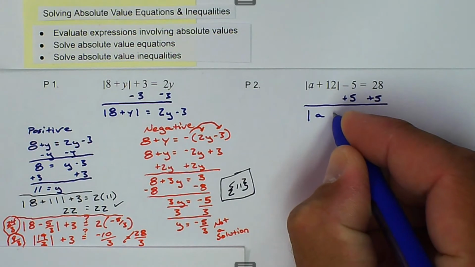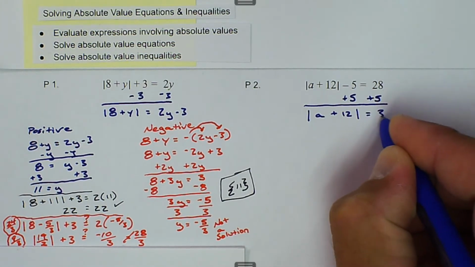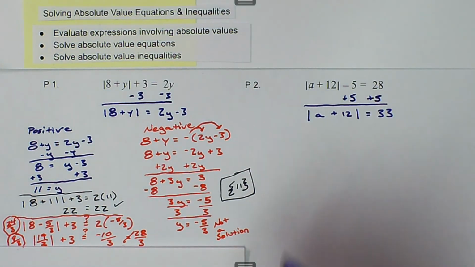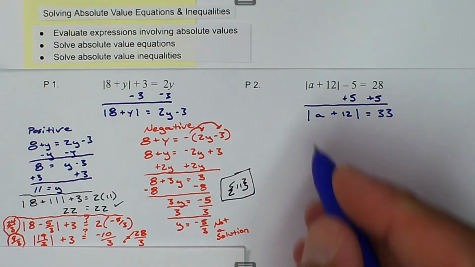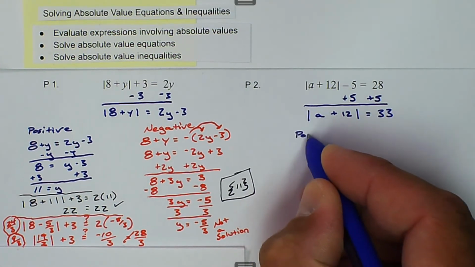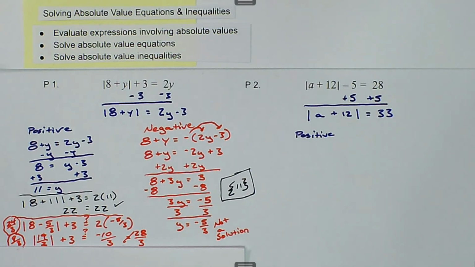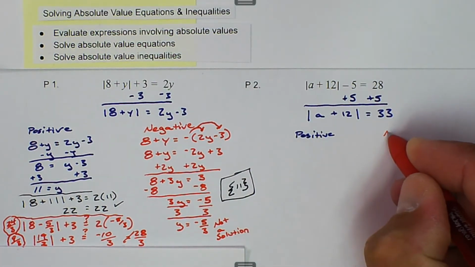And we get the absolute value of a plus 12 is equal to 33. Now we have the absolute value by itself, so now we have to check for a positive, and then we also have to check for the negative solution.